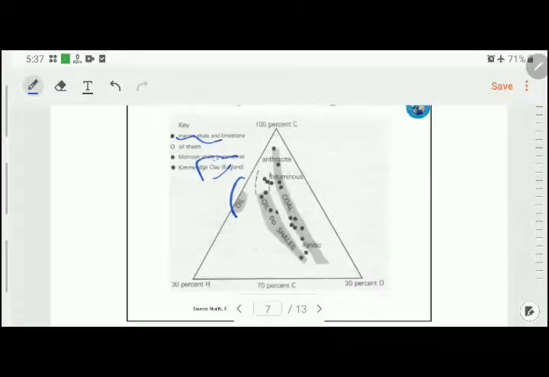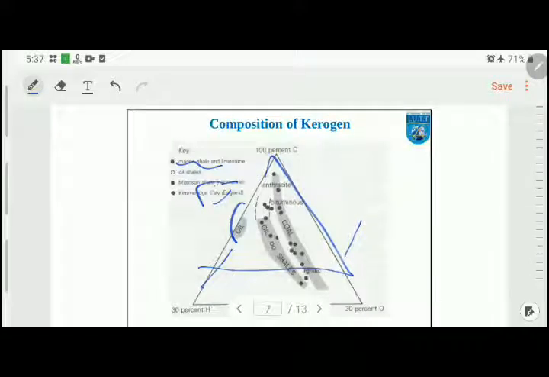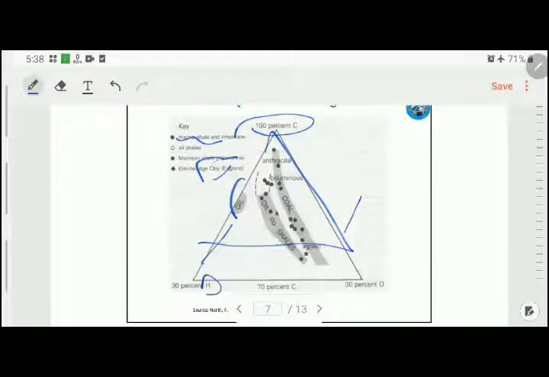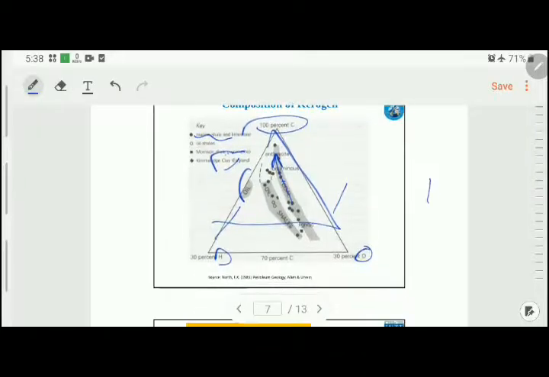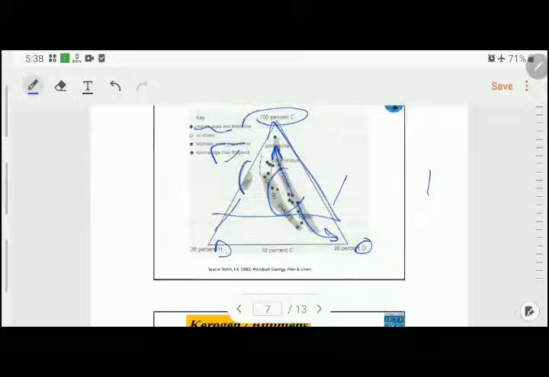All of these are determined by a triangle, by the percent of carbon, percent of hydrogen, and percent of what? Oxygen. When the type is close to one corner of the triangle, that means its percent of oxygen, hydrogen, or carbon will be higher.